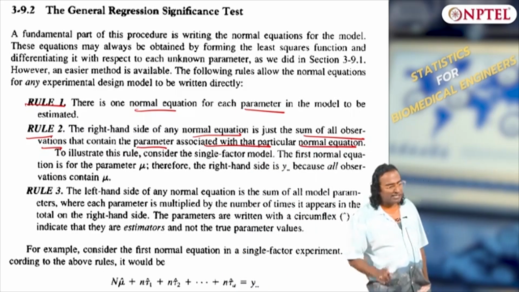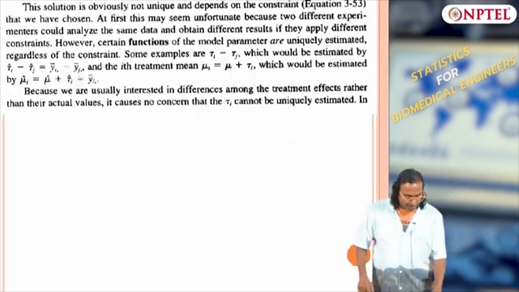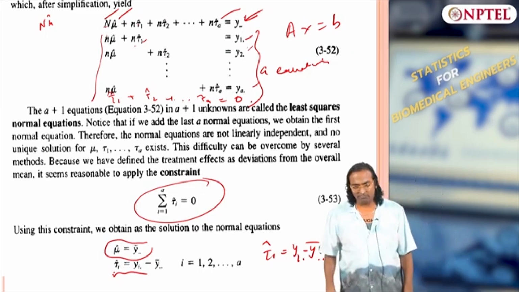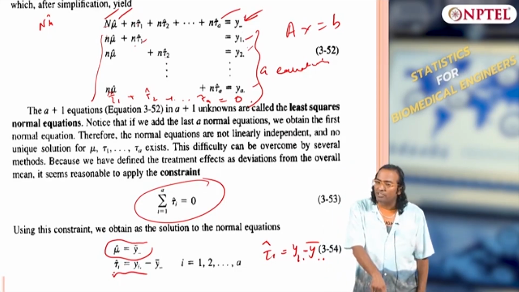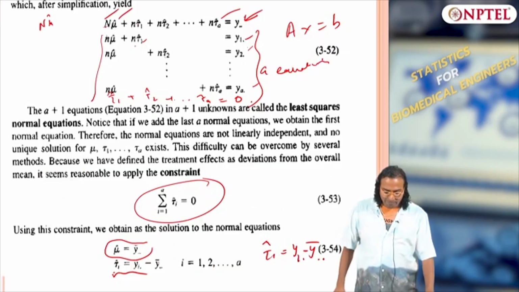Suppose I want to write the normal equation for mu hat. Mu hat is contained in how many data points?